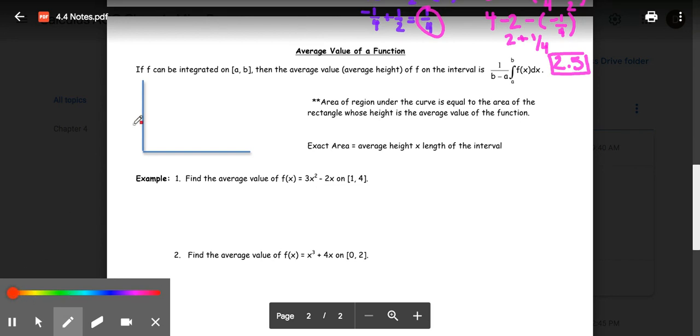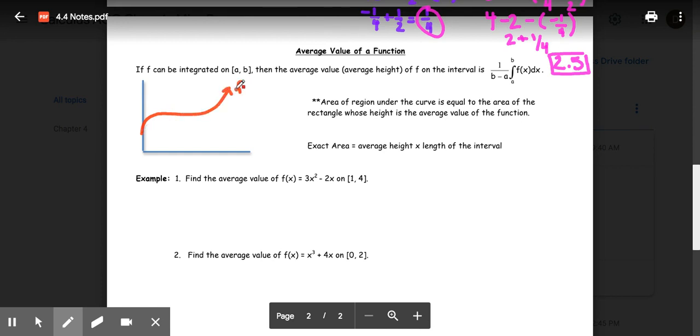So let's say this is my function, f of x. Okay. And let's say from a to b. All right.